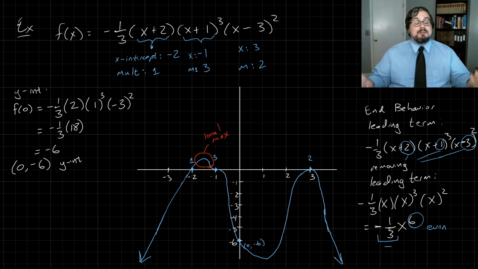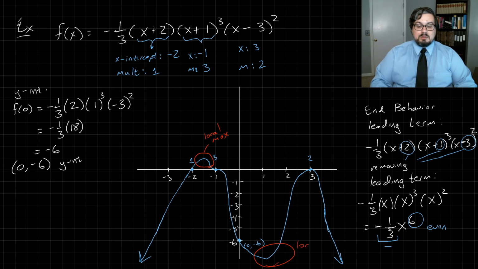And so if a local maximum has relevance to whatever problem you're working on, you know that one exists there, and you can go looking for it or use that information somehow. We can also see that, of course, there has to be a local minimum somewhere here between the x values of -1 and 3.